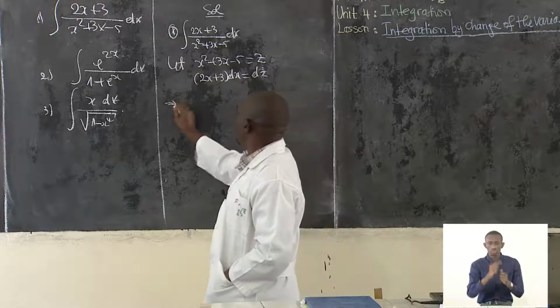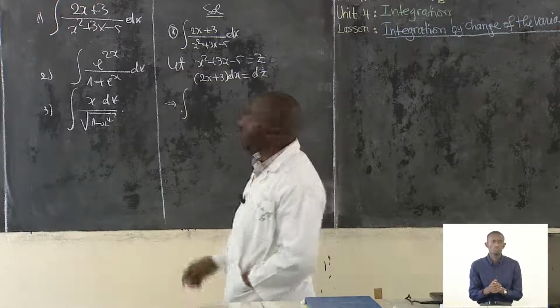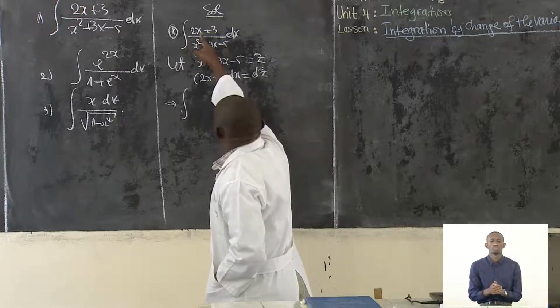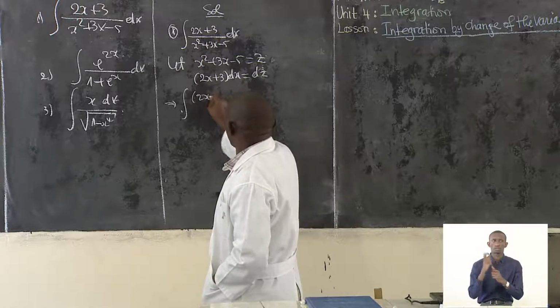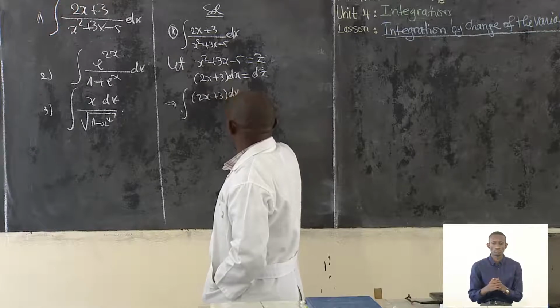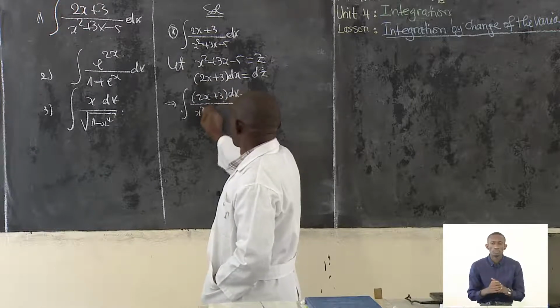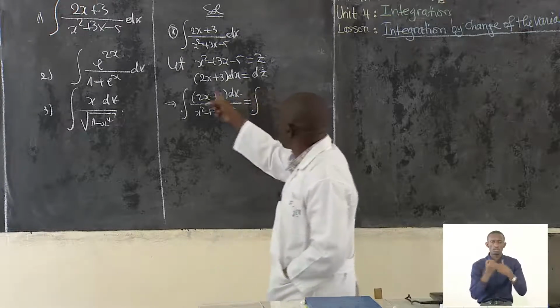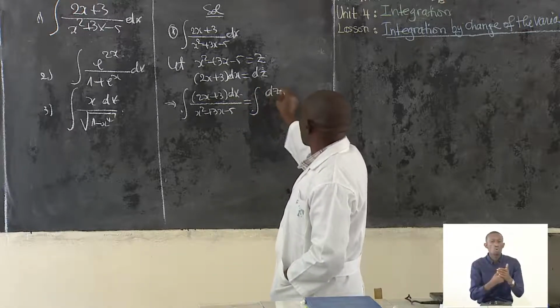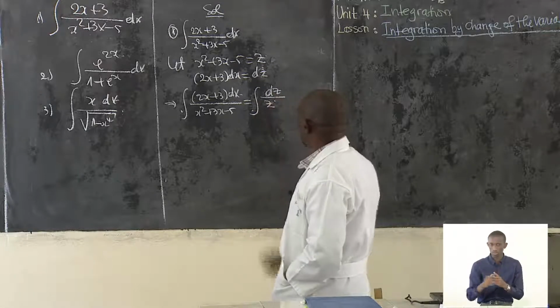Already, my numerator is equal to dz. So I'll have the integral of 2x plus 3 dx divided by x squared plus 3x minus 5, which is equal to the integral of dz divided by z.